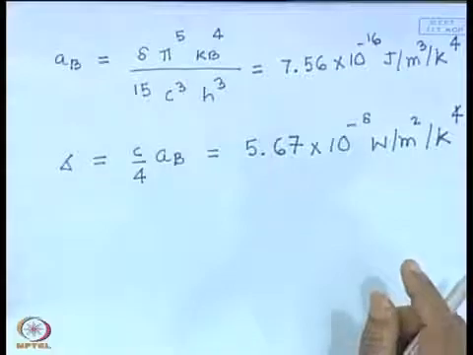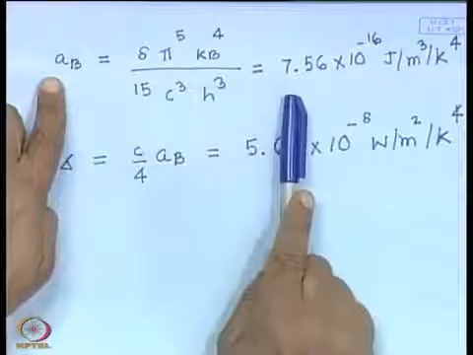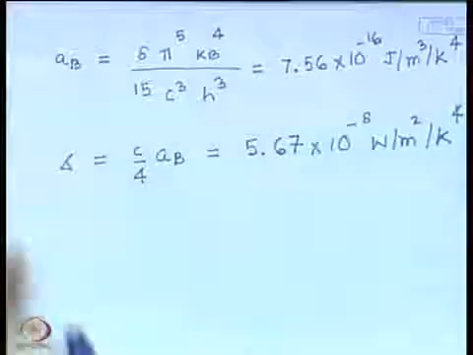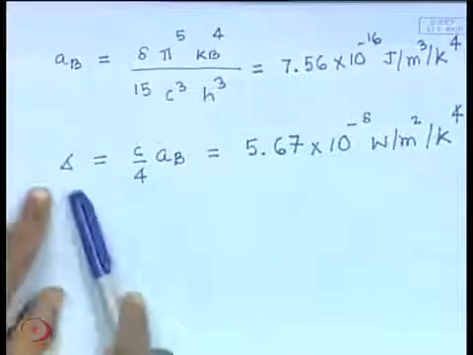So, we have calculated the two constants that we had arrived at just from purely thermodynamic and macroscopic considerations. This tells us the total energy density in black body radiation, this tells us the flux that is emitted from the surface of a black body.